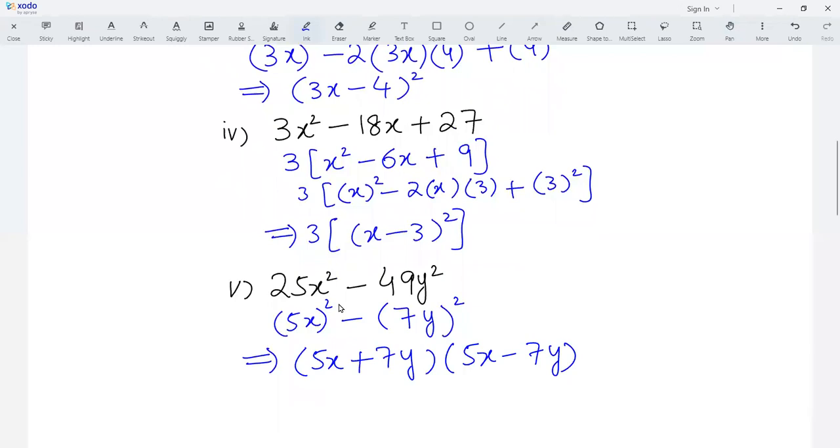When two terms are squared and in between there is a negative sign, we have to multiply them with the different signs of those numbers which are the roots of the given question. So basically 5 is square root of 25 and 7 is square root of 49.